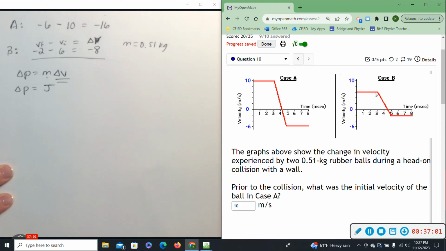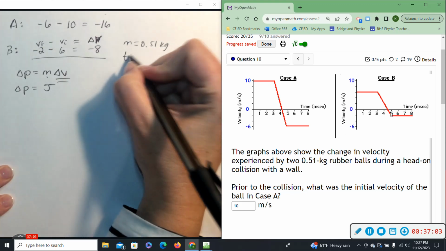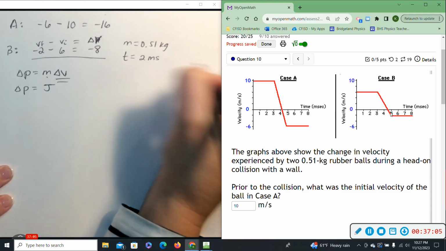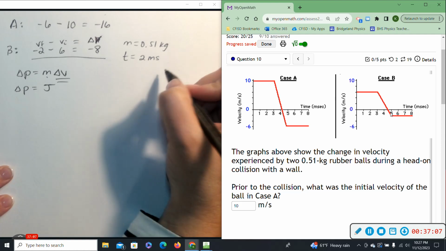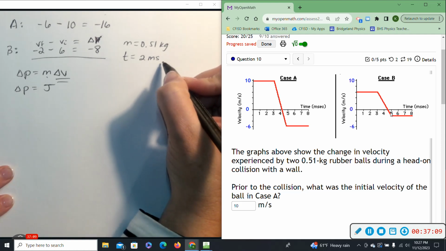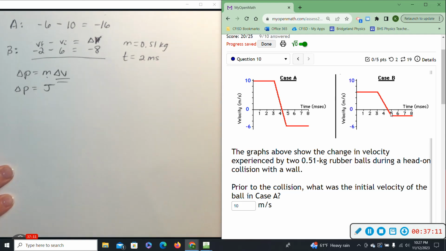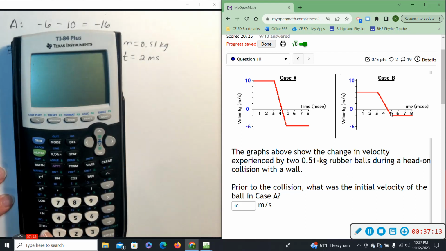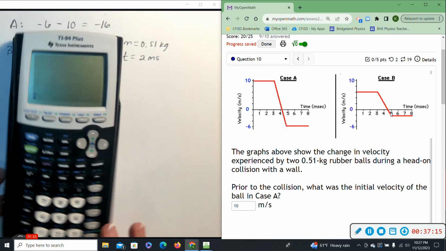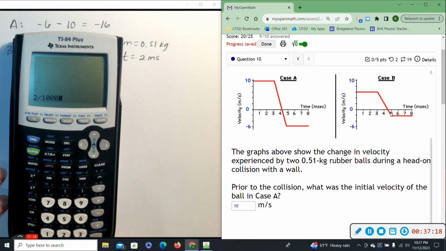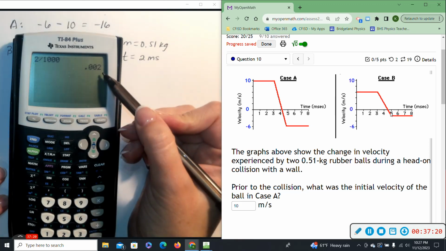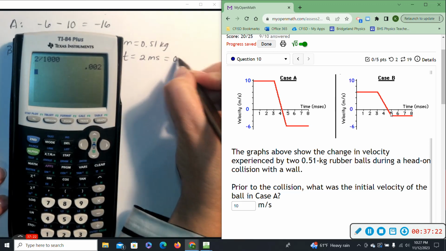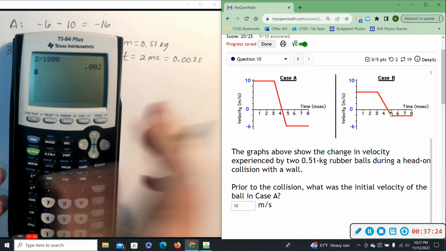The time of the collision from 3 to 5, the time is 2 milliseconds. And again, a millisecond is 1/1,000 of a second, so if you divide 2 by 1,000, you can also move the decimal instead, it is 0.002 seconds.